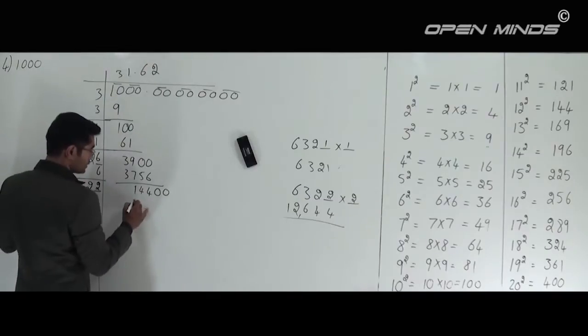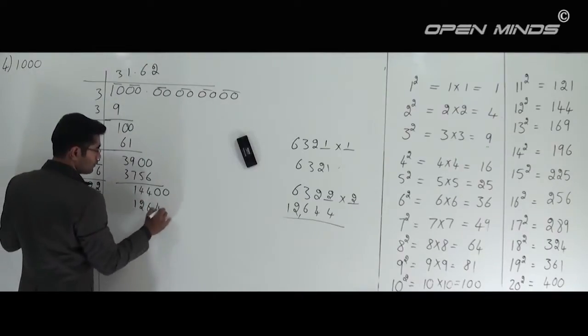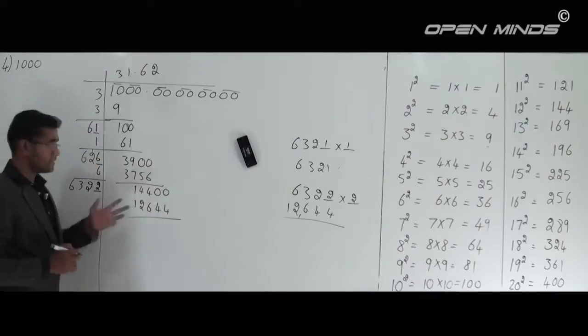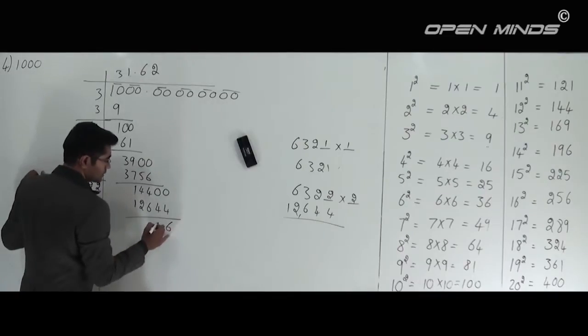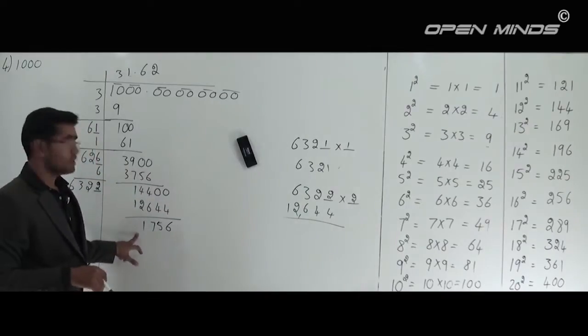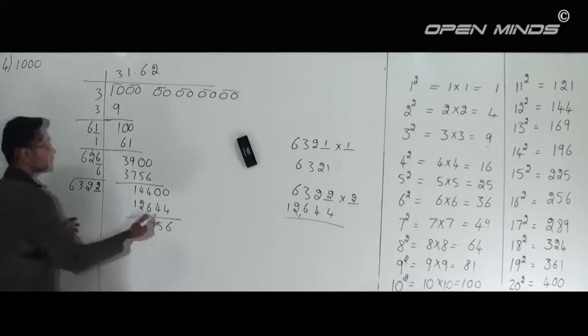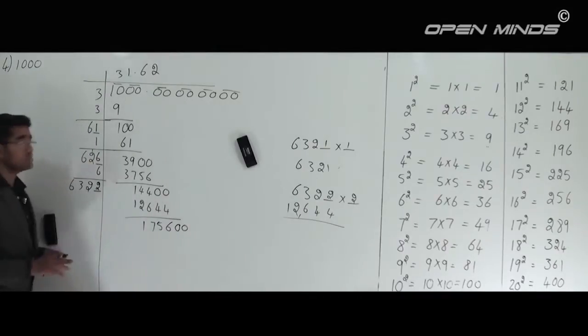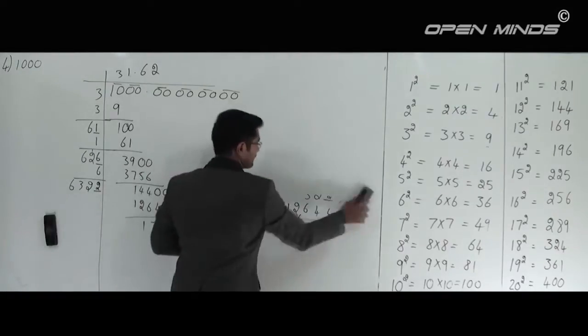What you get is 12,644. Good. So practice. You get a 6, a 3, a 5, then a 7, then a 1. That's it. Now take 2 more zeros. Got it. Now what to do now?